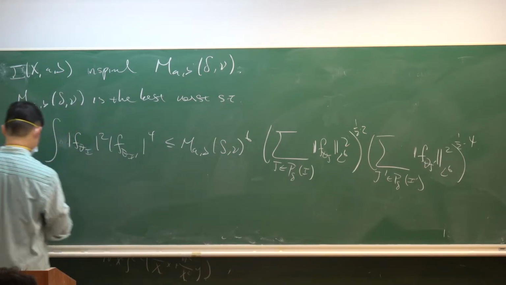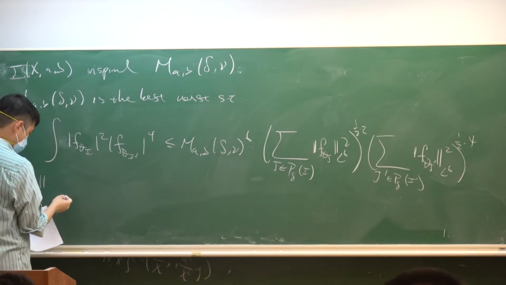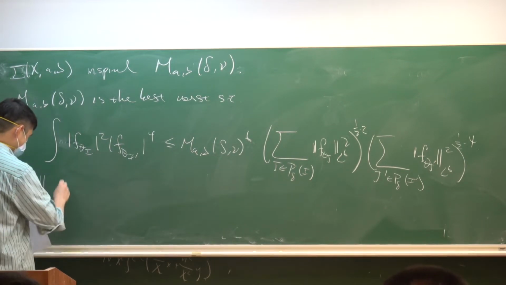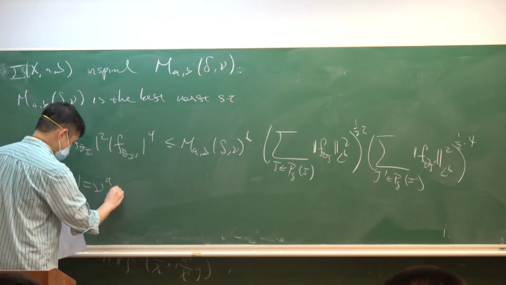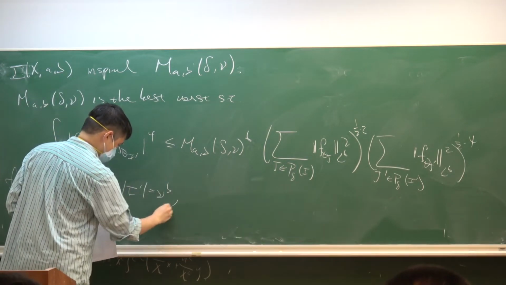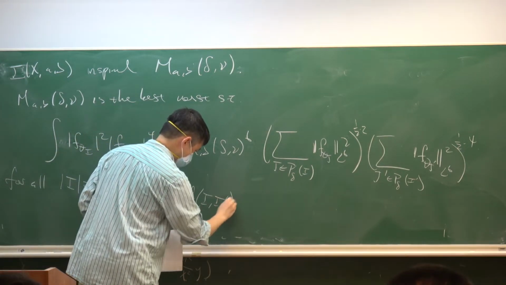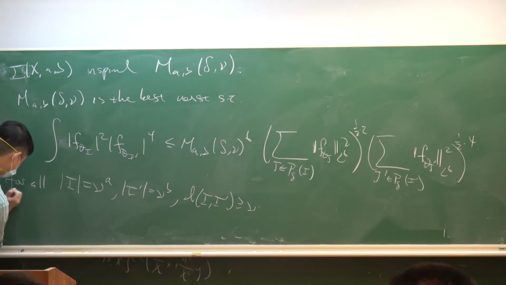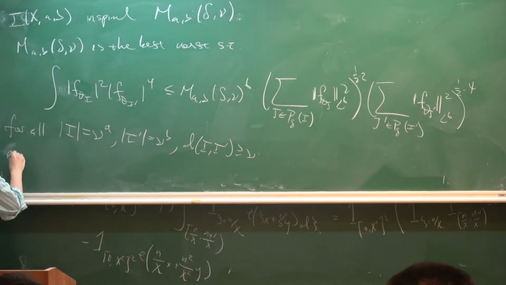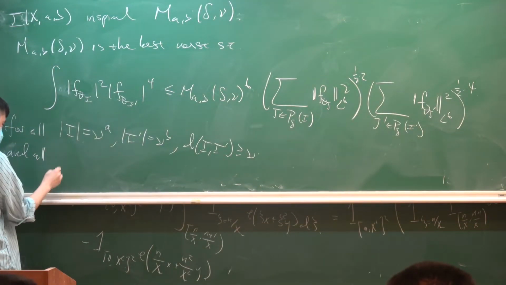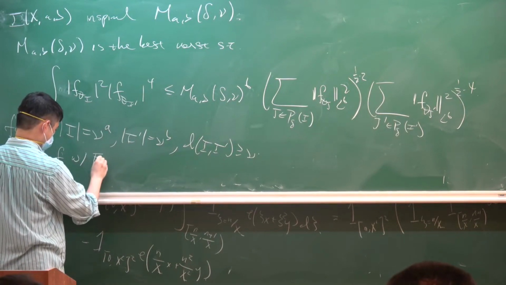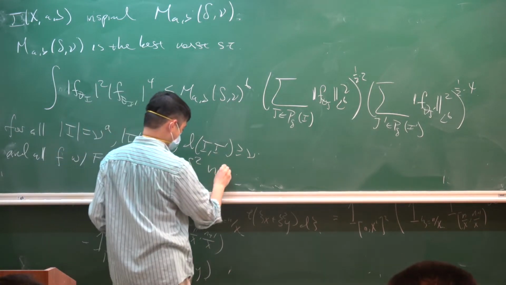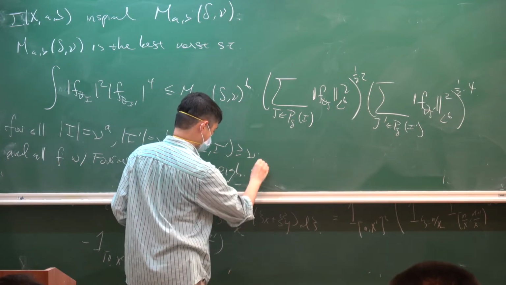And this is for all f with Fourier transform supported in the delta squared neighborhood of the parabola. For all I of length delta to the a, I prime of length delta to the b, and the distance between I and I prime is at least nu.